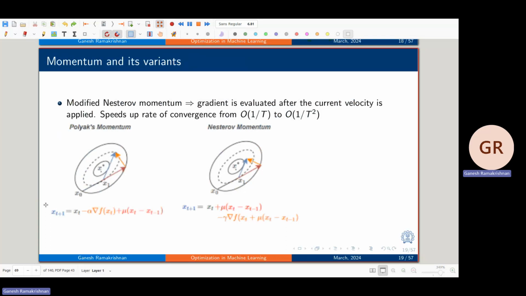Also, a slight subtle thing. The gamma appears with the gradient here, whereas here with the gradient, it's not a gamma; it's an alpha. Basically, you don't treat this to be the equivalent of a step size, right? Because step size is now cumulative. Here it's actually the step size, right?